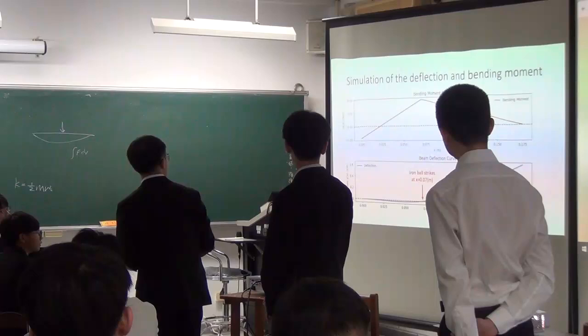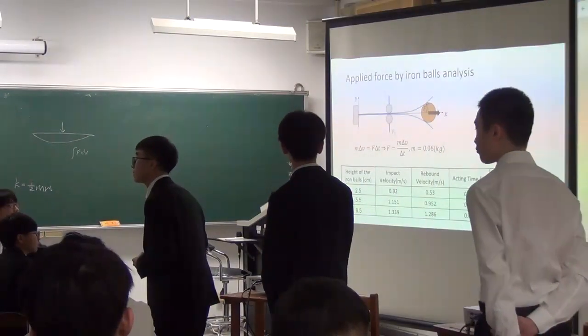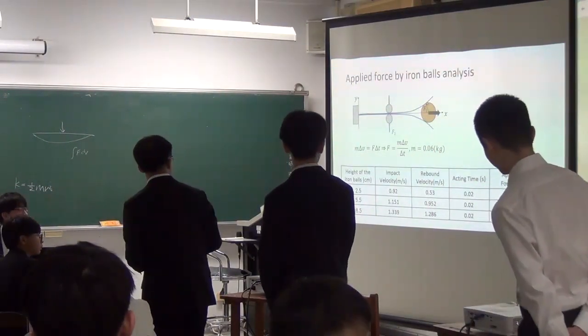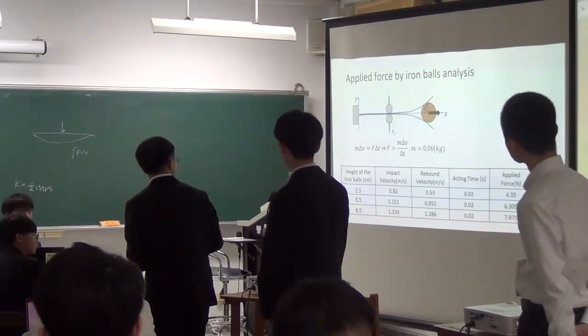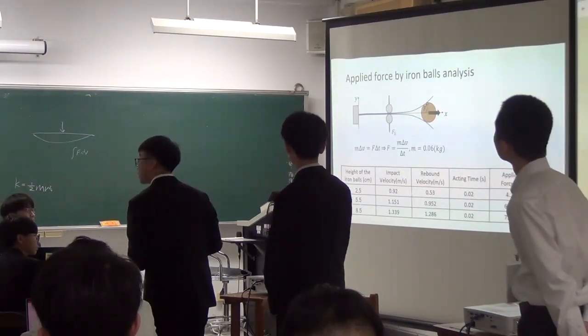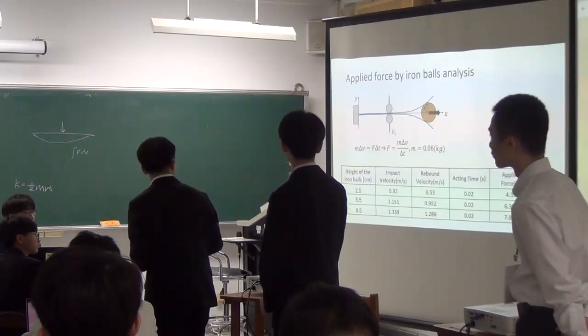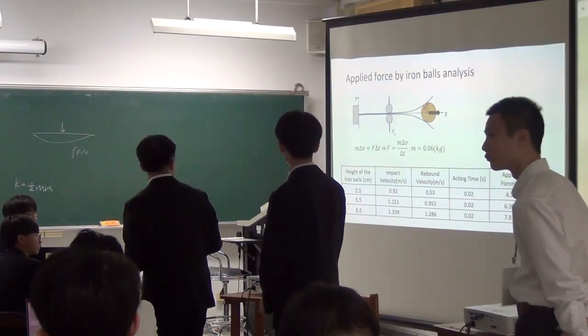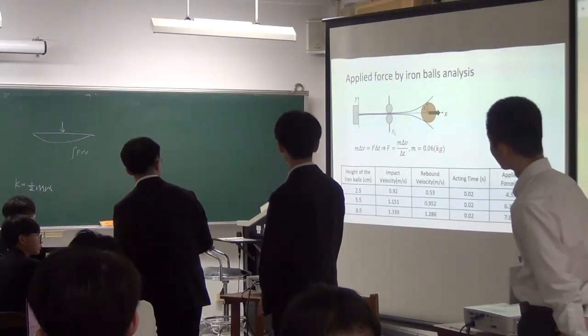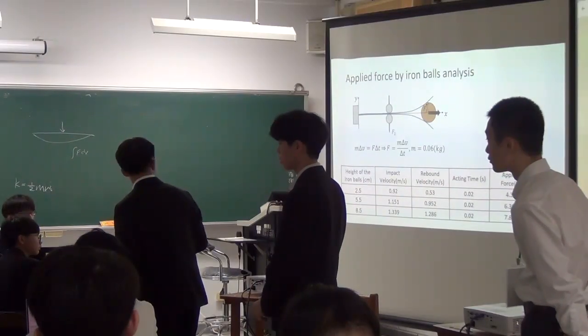The data table, I think. Yeah, this one. So the rebound force is your iron ball's rebound force, is that right? Yes. So the force you measure here should be F2, is that right?